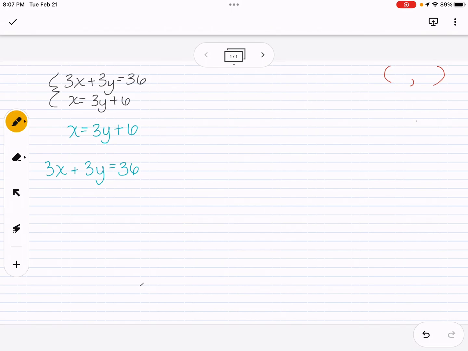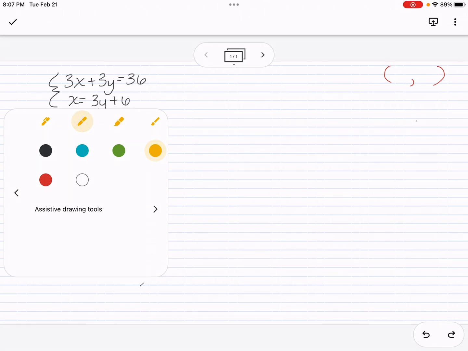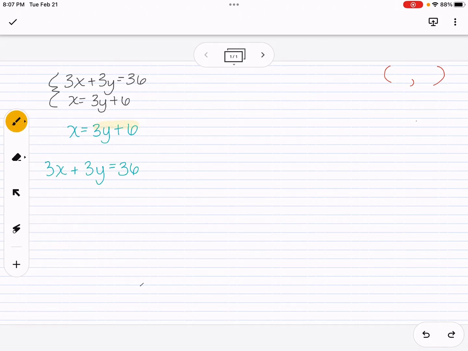We are going to take what x equals, the expression that x is 3y plus 6. And anywhere in the other equation that we see an x, we can plug in that expression instead.